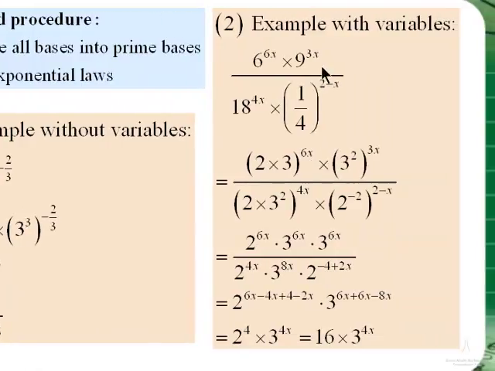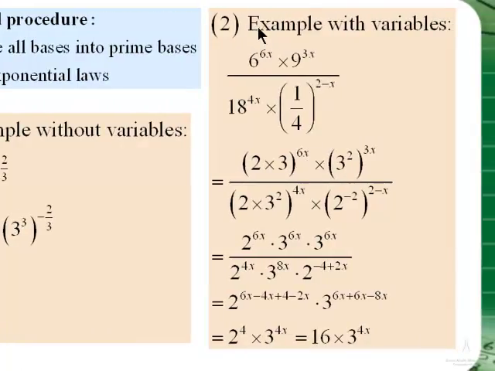In the second example, here we want to simplify the single term expression, but note that we have some variables here. The procedure is very much the same. 6 can be written as 2 times 3 in terms of its prime bases, 9 as 3 to the power 2, 18 as 2 multiplied by 3 to the power 2, and of course a quarter.